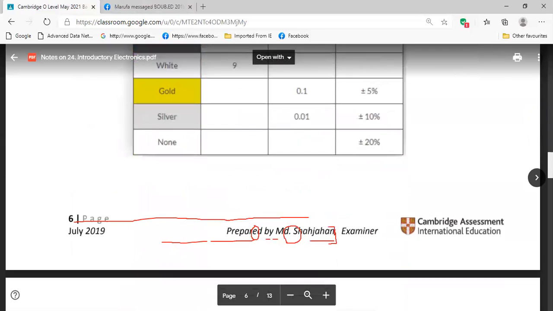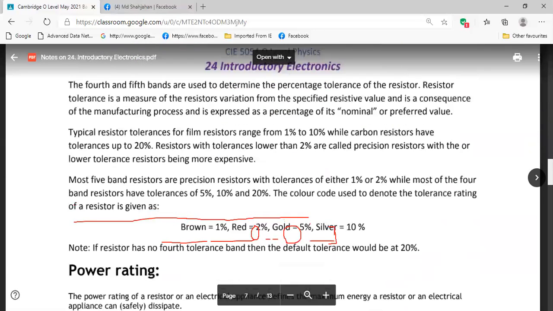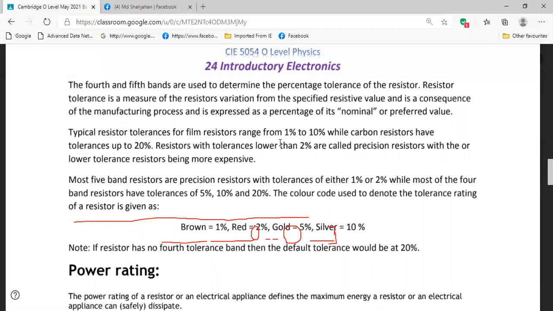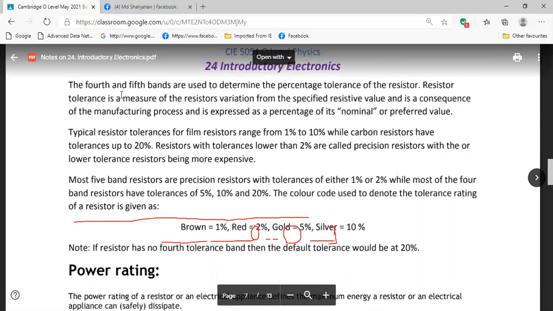So our color code is almost done. We have a little bit left. You write the heading tolerance. Then after writing tolerance, you write the fourth band.